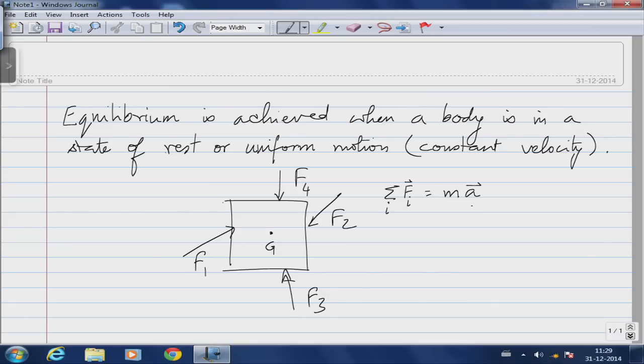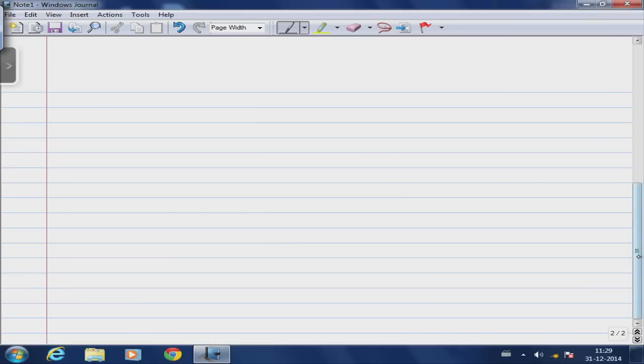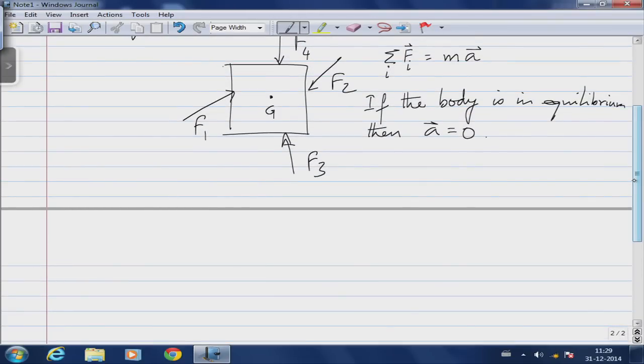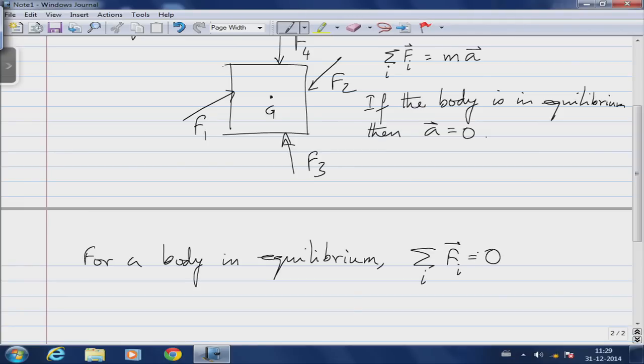If a body has to be in a state of equilibrium, then the acceleration is 0. This automatically means that for a body in equilibrium, summation of all the forces is 0.